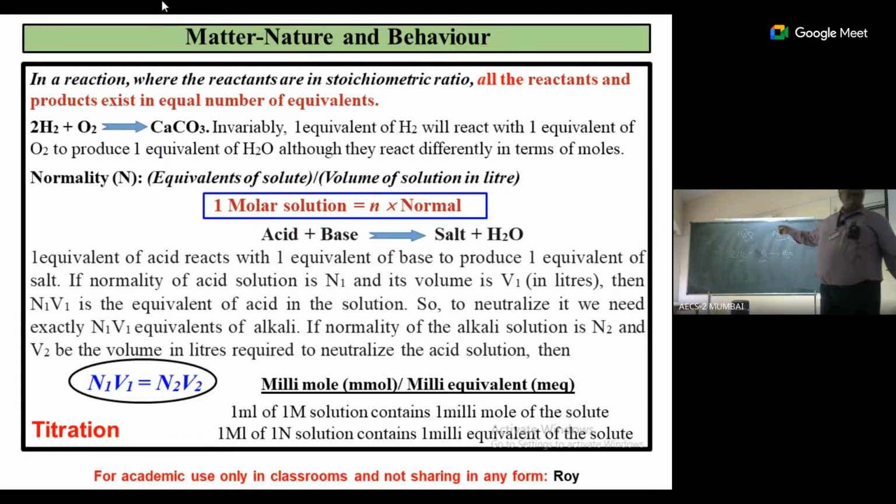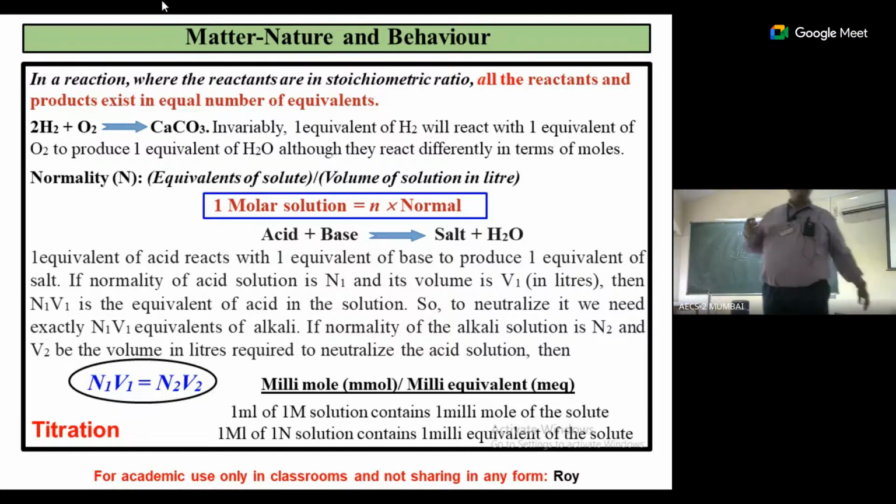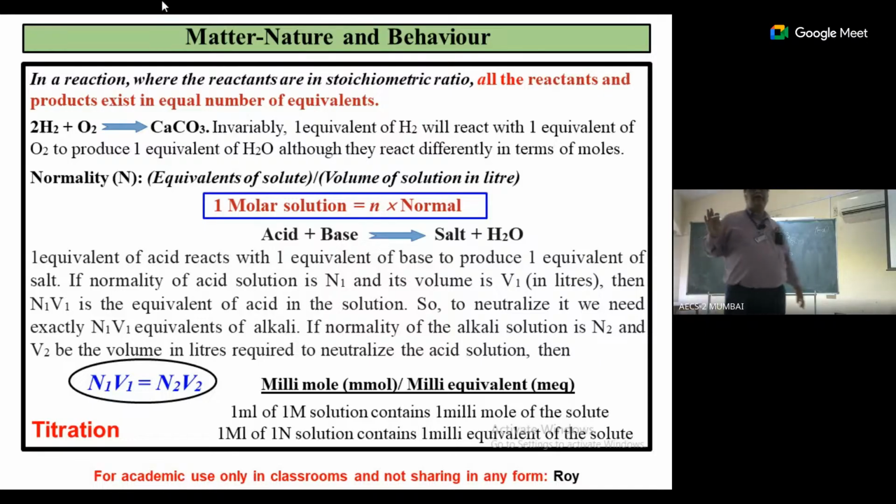This equation is anyway the simplest of things, but when you are handling a complex equation, you need to understand the balanced equation. But even if you are not knowing the balanced equation, if you know the equivalent weight of the elements, you should be able to say how much product will be formed.